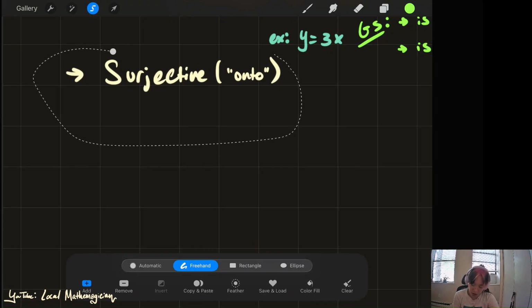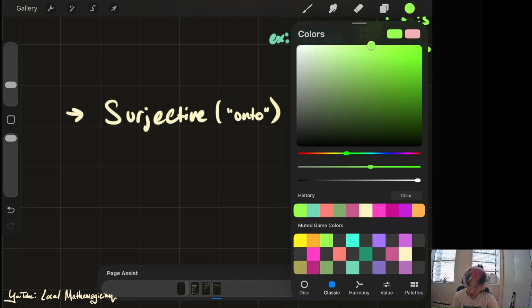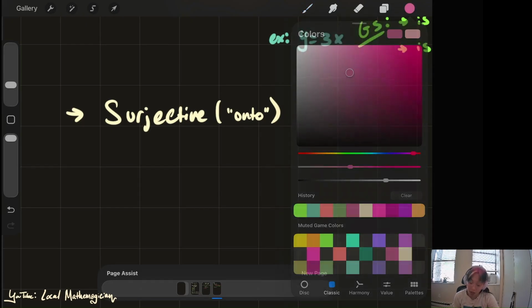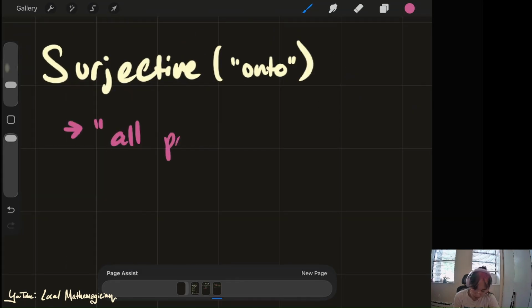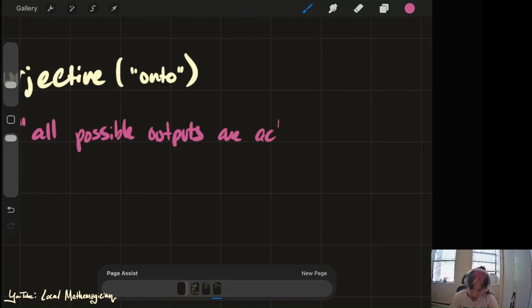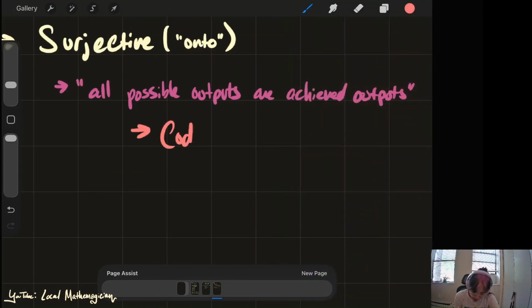The next thing we'll cover is surjective. Surjective means, or onto, another way to say it, is all possible outputs are achieved. So another way to say that is your codomain is equal to your range.